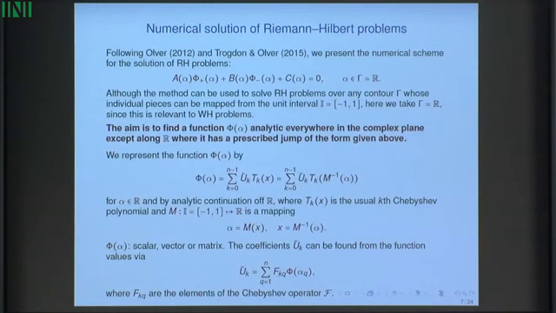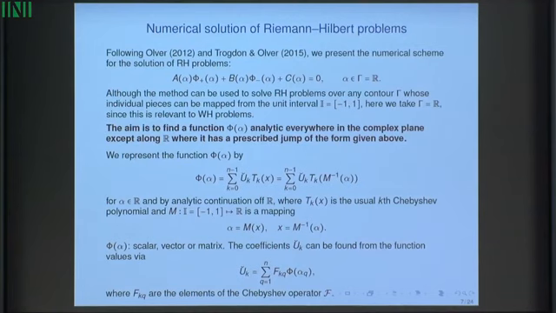So following Trogdon and Olver, we say the following. We represent this function by this series here, as an expansion of Chebyshev polynomials with some unknown coefficients, u_k hat. This variable x is a variable in the unit interval. So we are thinking of a map from the unit interval to the entire real axis, and we denote this by m, the map from the unit interval to the real axis.